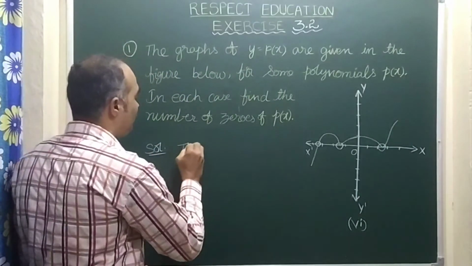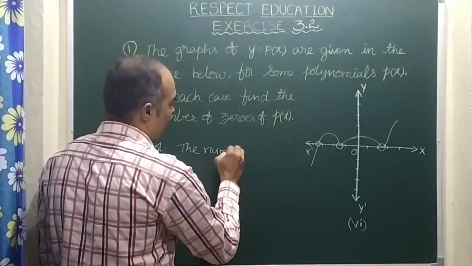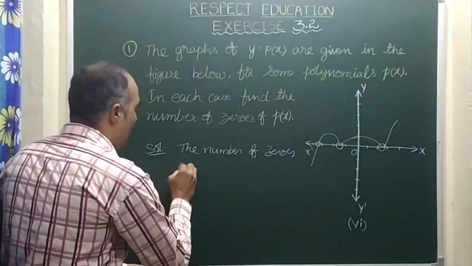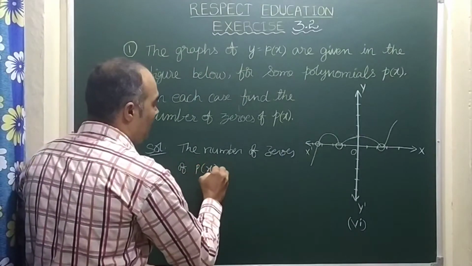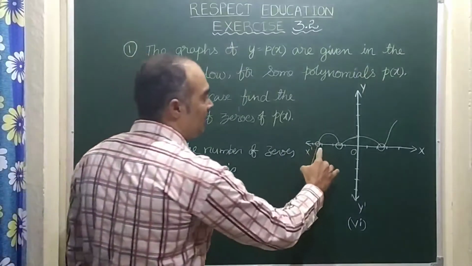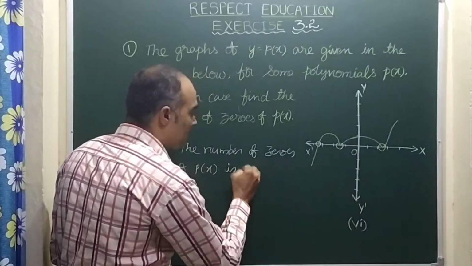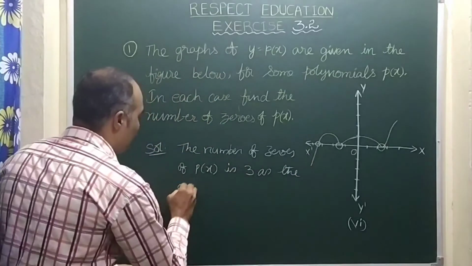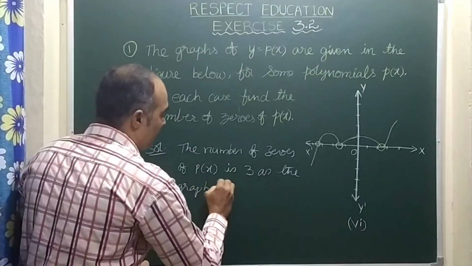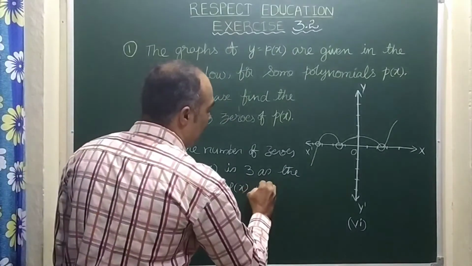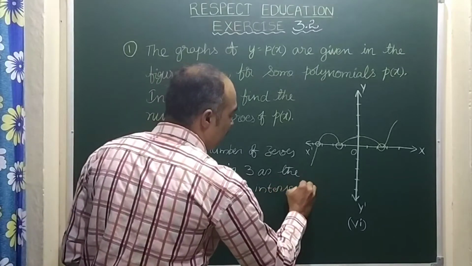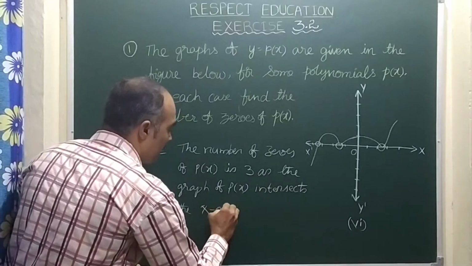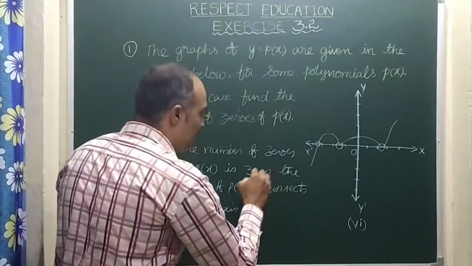The number of zeros of p of x is 3, as the graph of p of x intersects the x-axis at 3 points.